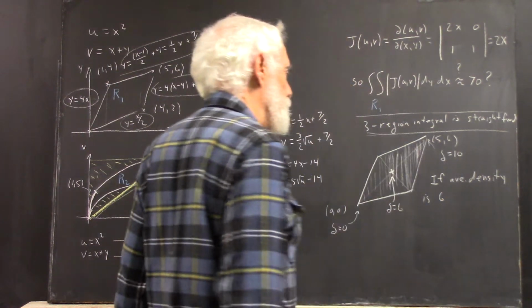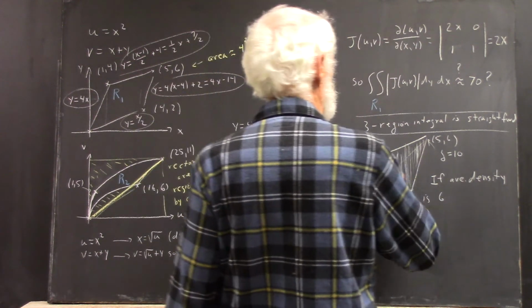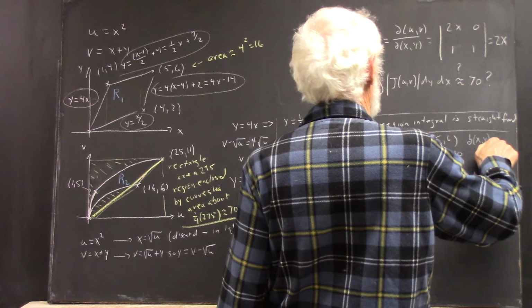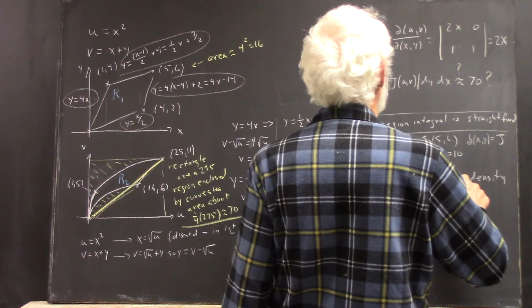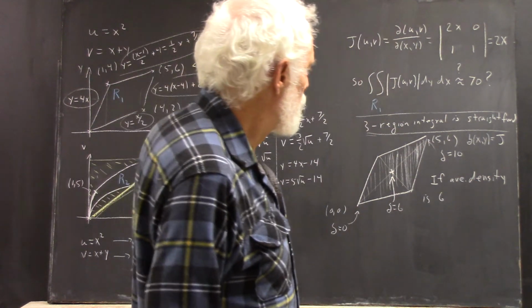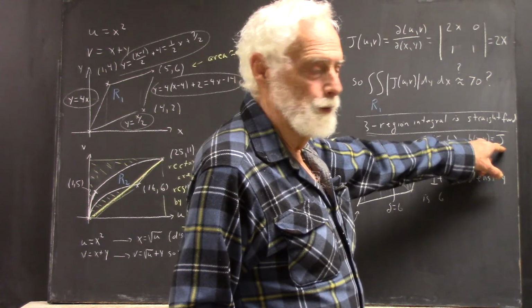And let me repeat. Okay, delta of xy equals the Jacobian at that value of x and y.